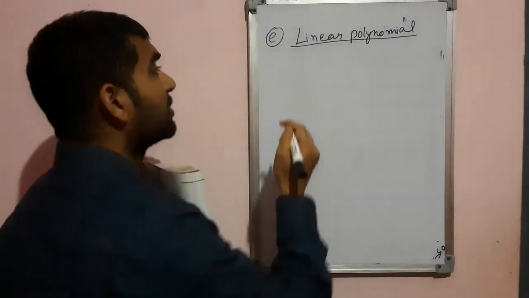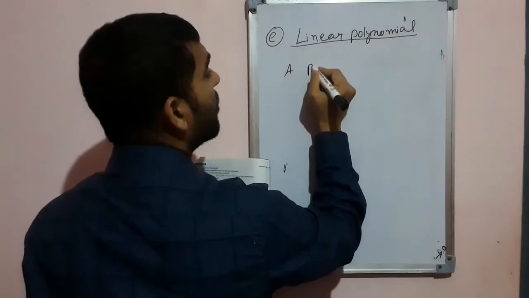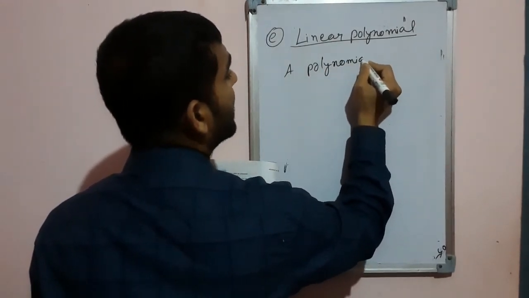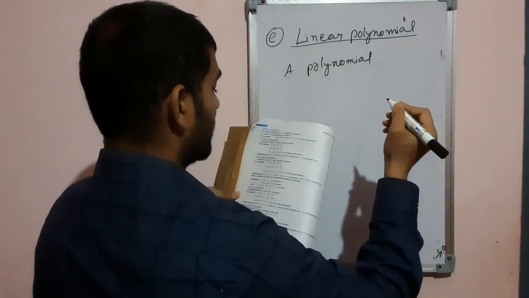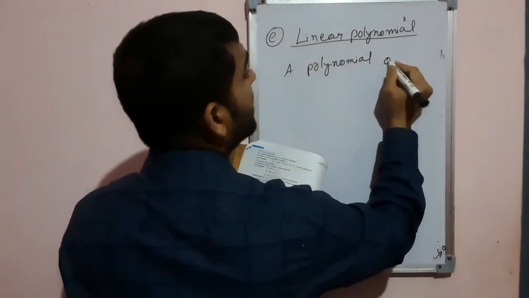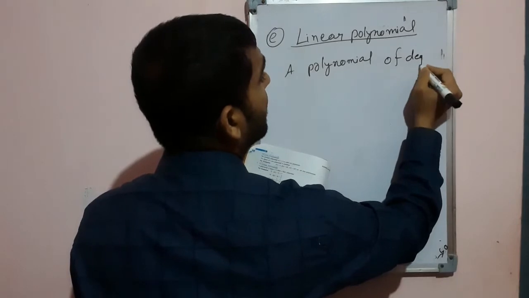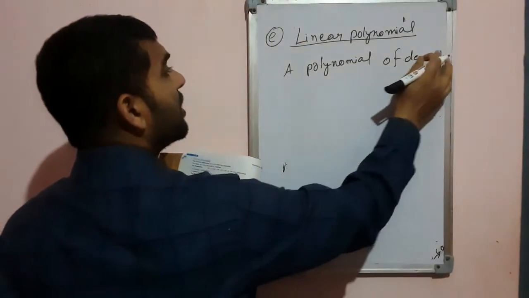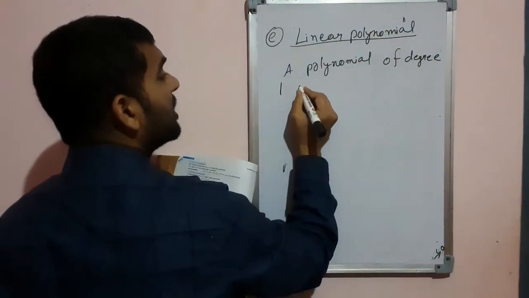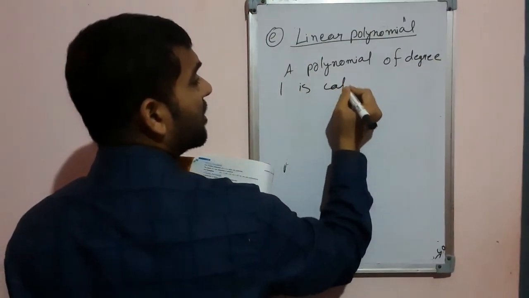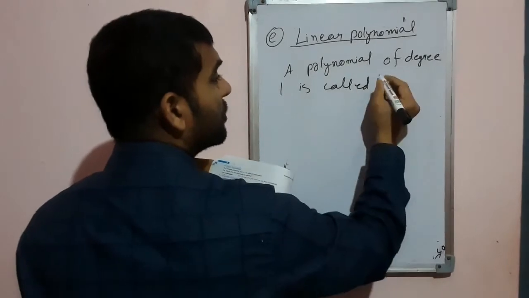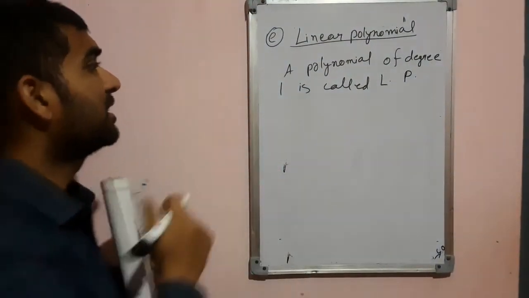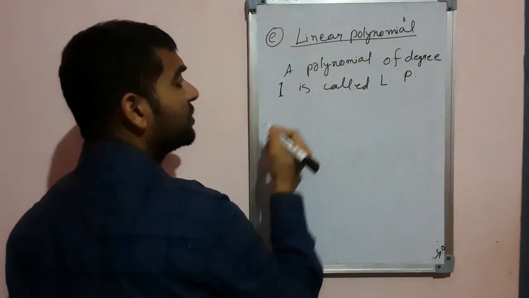A polynomial of degree 1 is called a linear polynomial. If the degree of the polynomial is 1, it is called a linear polynomial.